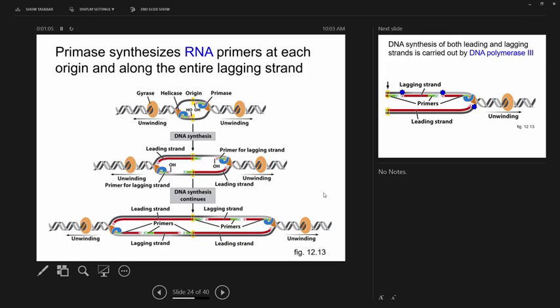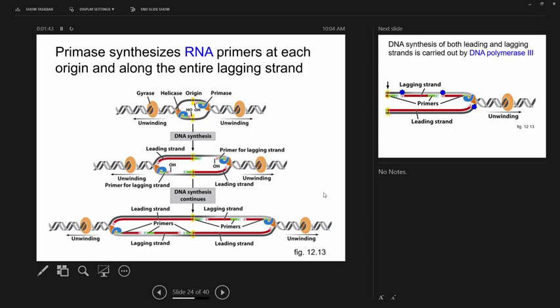But the job is finished then, because as soon as this primer is made, primase lets go, and then because there is a primer here with a free 3' hydroxyl at the end of the RNA sequence, now DNA polymerase, even though this is an RNA-DNA hybrid, so the template's DNA and the green here is RNA, DNA polymerase can come in here and use that 3' hydroxyl and start making this leading strand going right to left and this leading strand on the bottom going left to right.